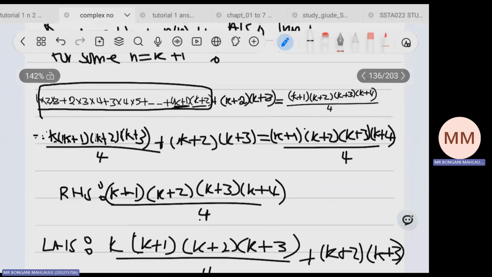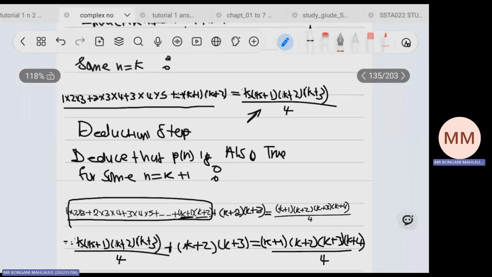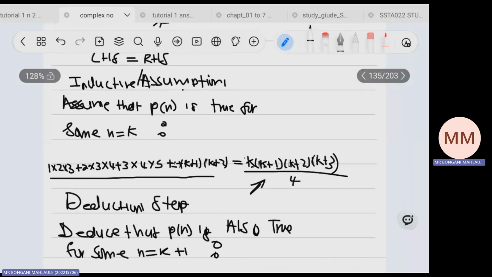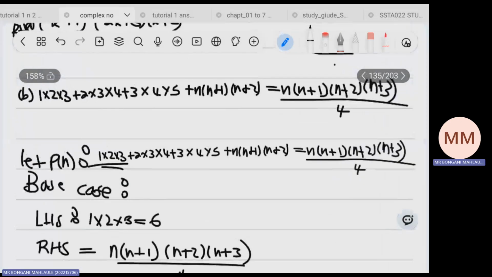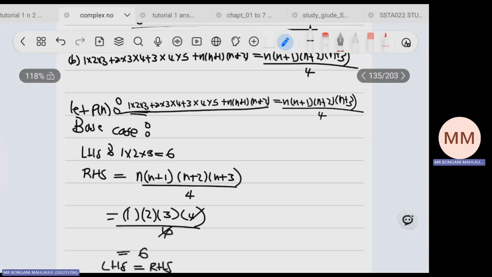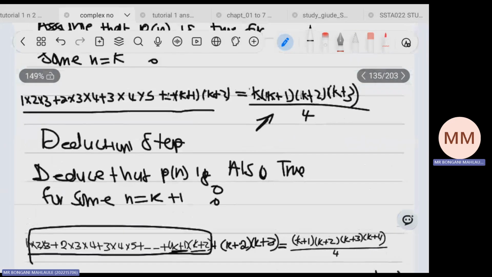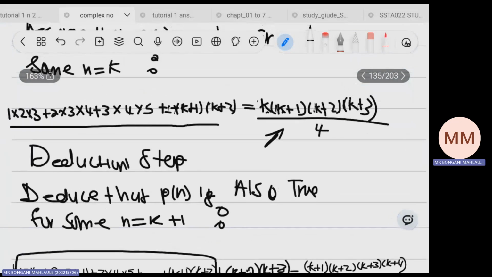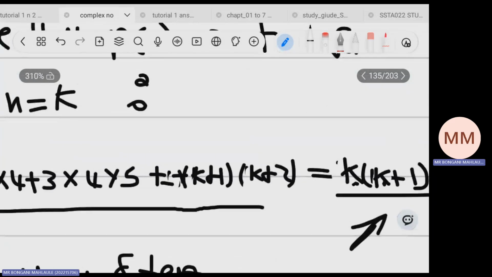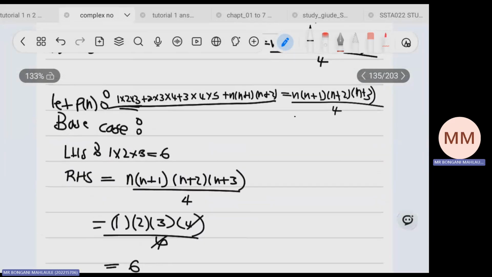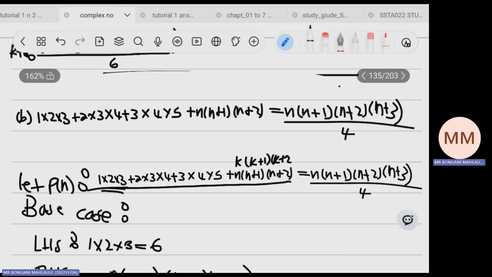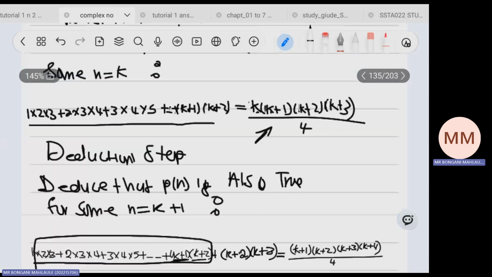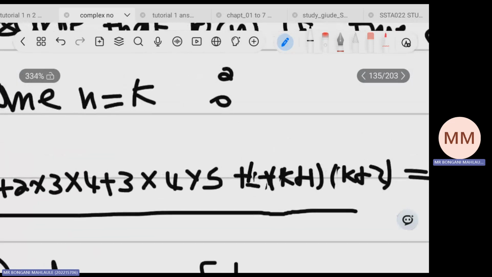and I think we forgot something here. From the assumption, we should be having k plus 1, k plus 2. I forgot that, so we must include it here.